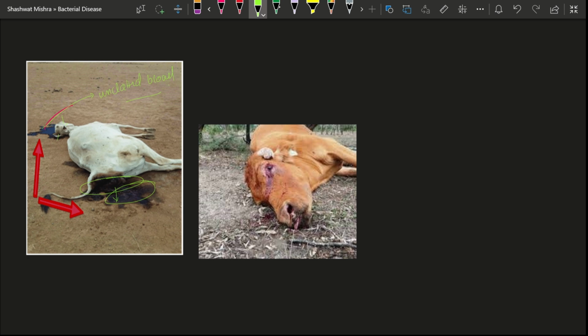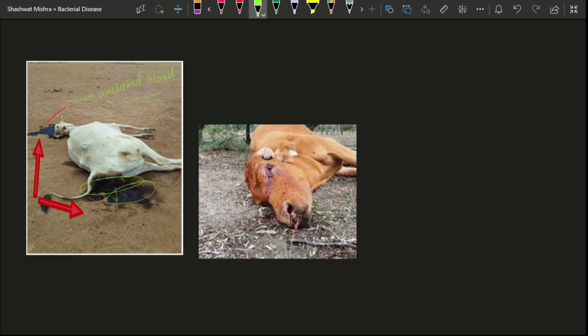In cases where unclotted blood is oozing out from the natural orifices, we can suspect anthrax, but we cannot be sure, because there are many diseases or poisoning conditions in which a similar condition could be observed. It is better not to open the carcass if you see cases like this.